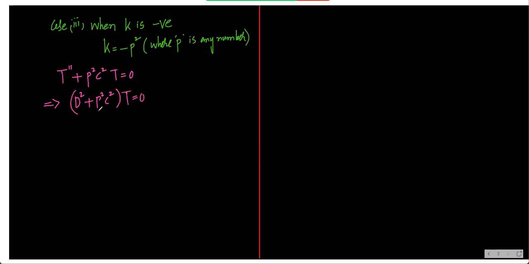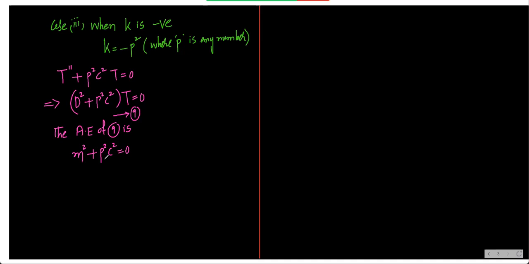Already we have mentioned our D value, d by dt, in this case. Call it equation number 9. You have to write the auxiliary equation for 9. The auxiliary equation of 9 is M square plus p square c square is equal to 0.